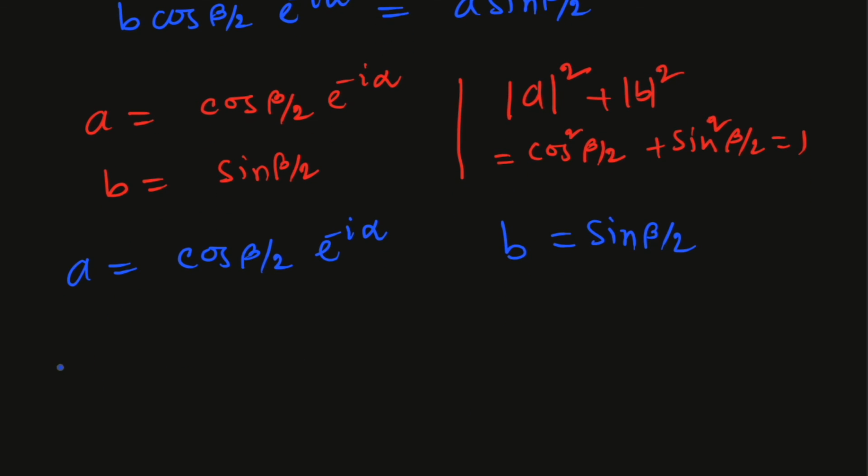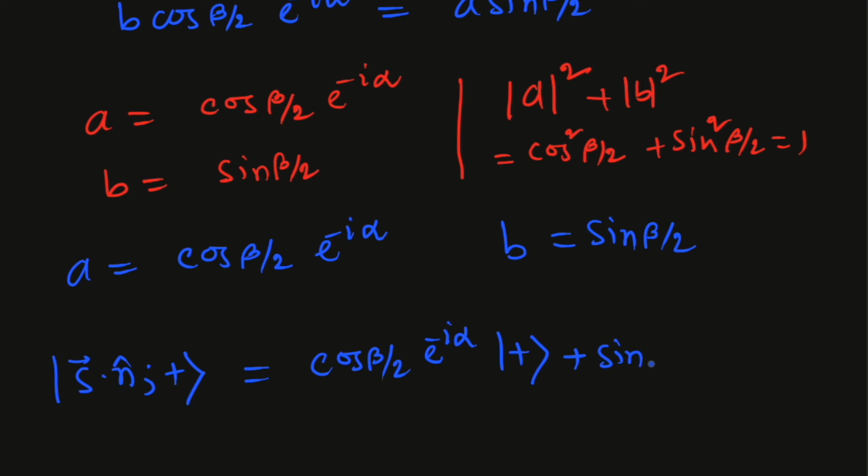That means the state which is the eigenket of the S dot n operator, corresponding to the eigenvalue plus h cut by 2, is cos beta by 2 e to the power minus i alpha plus plus sin beta by 2 minus.